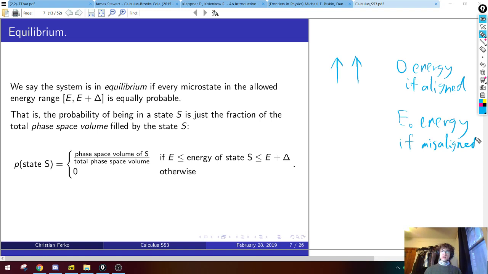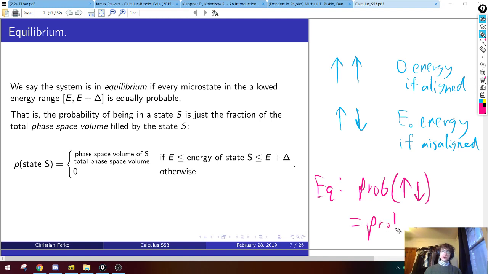So for instance, up and down. If this system is in equilibrium, and I tell you that the energy of the system is E0, then that means that the probability of being in one configuration that has energy E0, so the probability of being the first one up and the second one down, is equal to the probability of being in the other configuration, the first one down and the second one up.